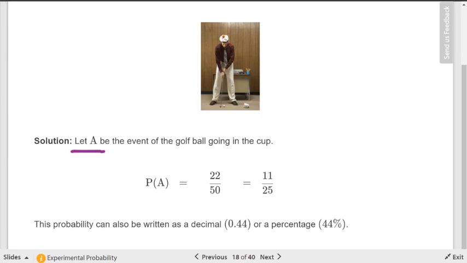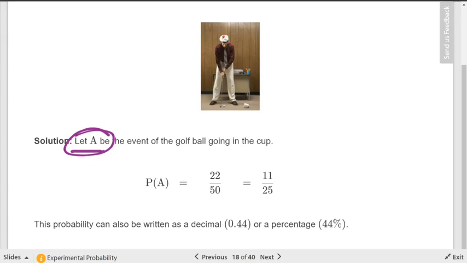Who knows? I want you to be specific unless they tell you to do that. Does that make sense? If they tell you to let A be the probability, then you need to write probability of A. But if it just says find the probability, I want you to be specific.